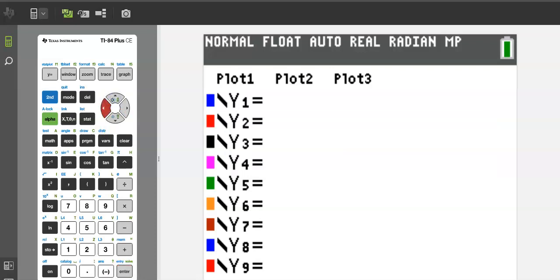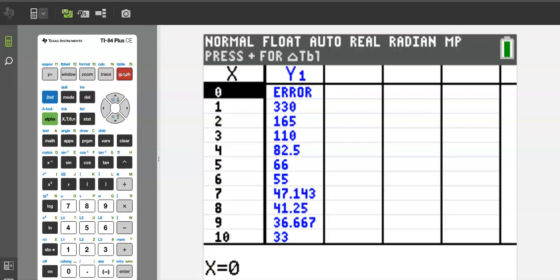So we need factors of 330, right? So take 330 divided by x. Don't hit graph, but go look at the table of this, and the table will show you the factors. So hit second graph, and that brings up a table.